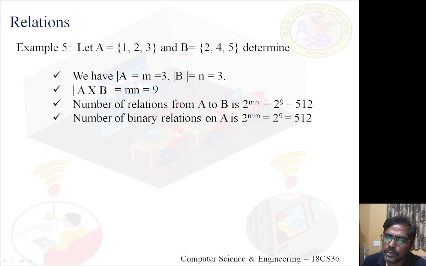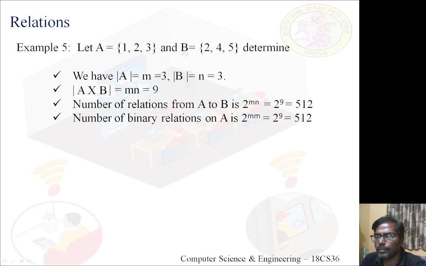You are asked to determine the number of relations from A to B, and the number of relations from B to A. To determine the number of relations from A to B, you need to know the number of subsets of A cross B. Similarly, to determine the number of relations from B to A, you need to know the number of subsets of B cross A.